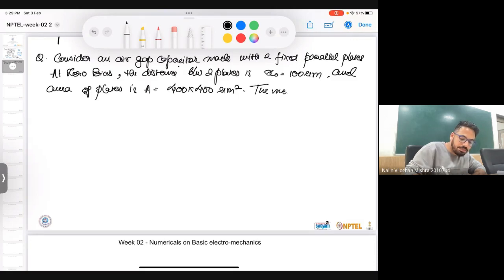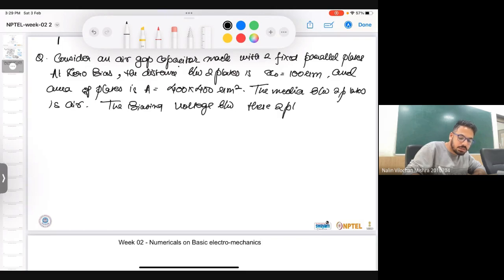The medium between the two plates is air, and the biasing voltage between these two plates is V equals 5 volt.